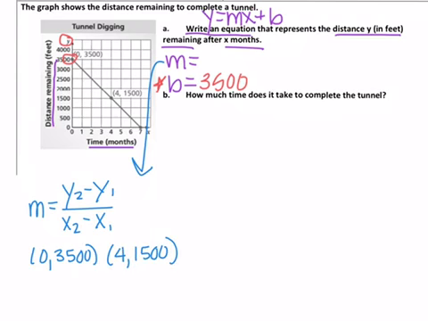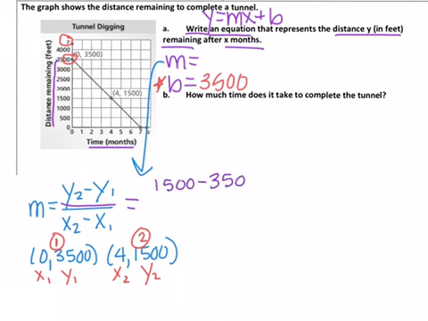As we've done before, we're going to label our x's and our y's from the graph. Now, I'm putting in x1, y1, and an x2, y2 because this is the first coordinate, this is the second coordinate. Now we just plug in what we need. So y2 minus y1 becomes 1,500 minus 3,500. I just plugged in my y2 and my y1. Now my next one is x2 minus x1, which is 4 minus 0.